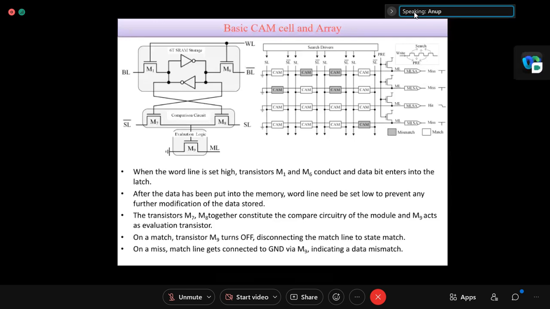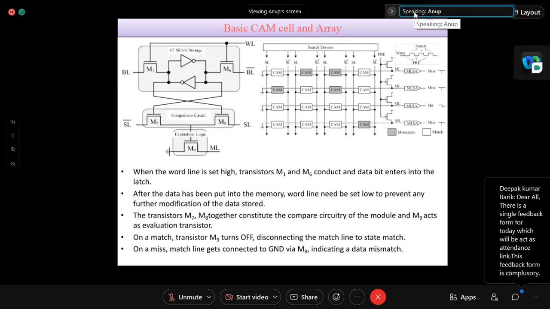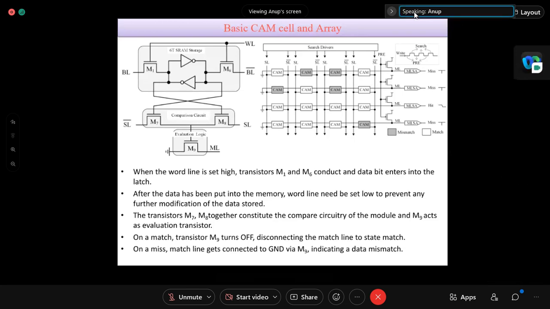ML means match line. This is the ultimate one, and for one cell it is one ML. Many cells have to be connected, because one word contains maybe a minimum of 8 or 16 bits, which means 16 cells will be there.